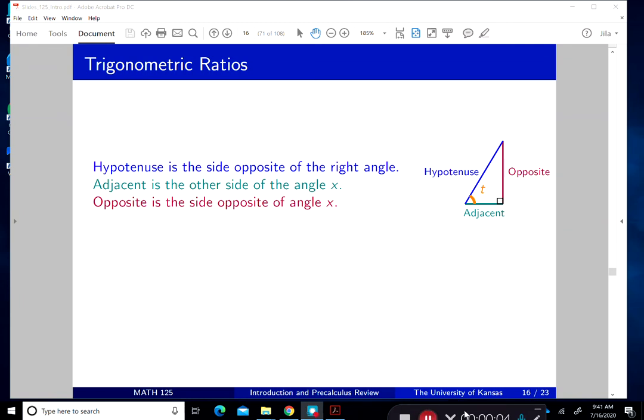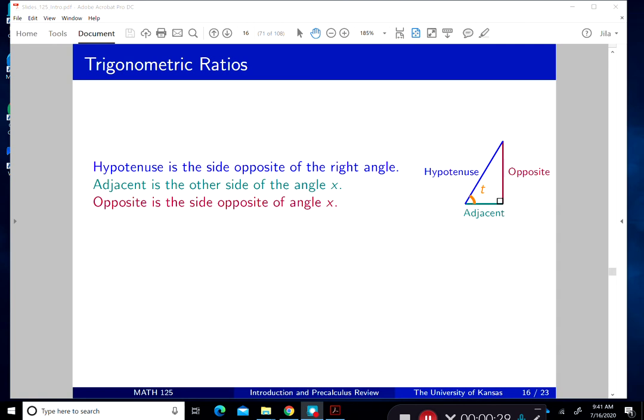Trigonometric ratios. To explain what the trigonometric ratios are and define the functions, we start with a right triangle. Let's remember a right triangle has a right angle, and let's say T is one of the angles right there. The side opposite to T is called opposite.